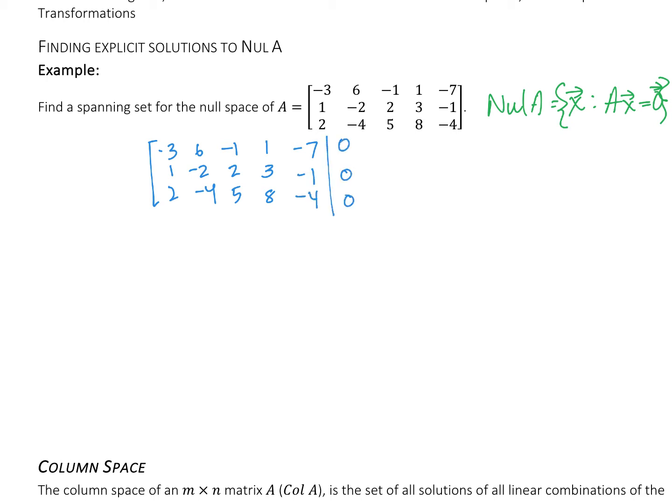So what I'm going to do is reduce this to its RREF form. For the sake of brevity, I'm going to let you do this on your own and see if you come out to these. So pause the video, do your row operations, come back when you think you're in RREF, and compare.